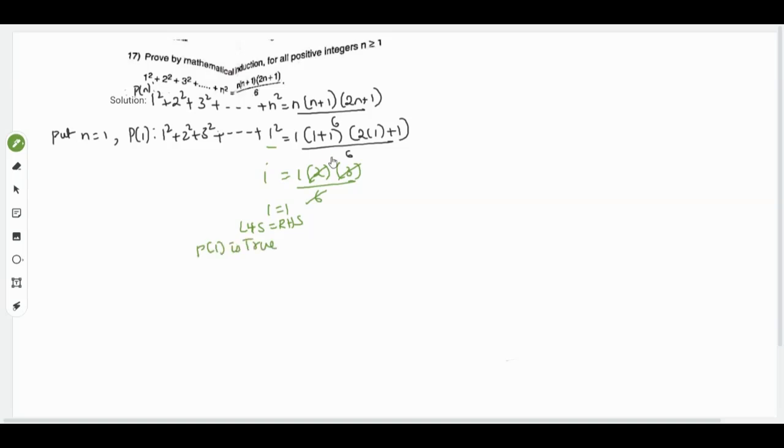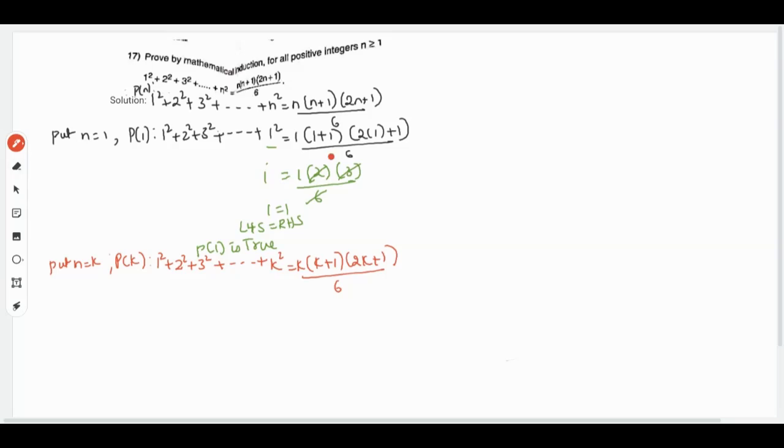Then let us take the second step. Put n is equal to k. Then it becomes P of k is 1 square plus 2 square plus 3 square plus up to k square equals k into k plus 1 into 2k plus 1 divided by 6.